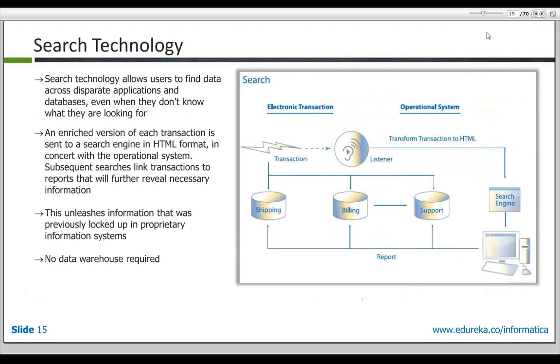Search technology, again, it allows user to find data across disparate applications and databases even when they don't know what they are looking for. Again, we have the different search engines available in the market. So they use all those applications, and using all those applications, there are the listener settings which are looking for those transactions happening and suggesting you what all information you are looking for.